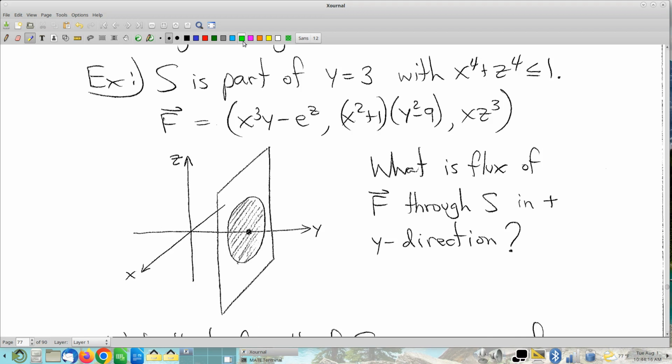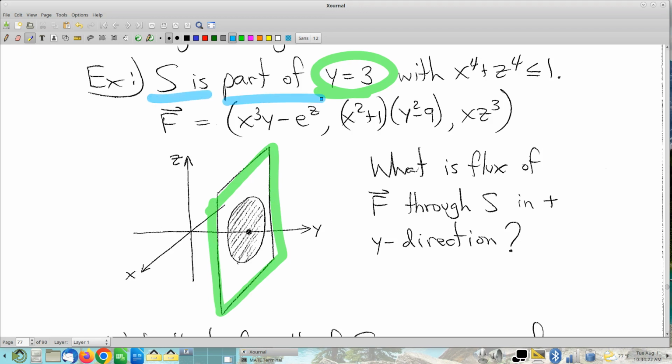Okay, so we've got this plane y equals 3 right here, and our surface is the part of that satisfies a certain weird inequality. And so, okay, all right, so it means our surface is something vaguely like that, but I look at these fourth powers up here, and I'm a little concerned about how do I deal with the fact that those are fourth powers, but we'll get to that in a few. So we want to compute a flux, and here's the first little bit of good fortune.